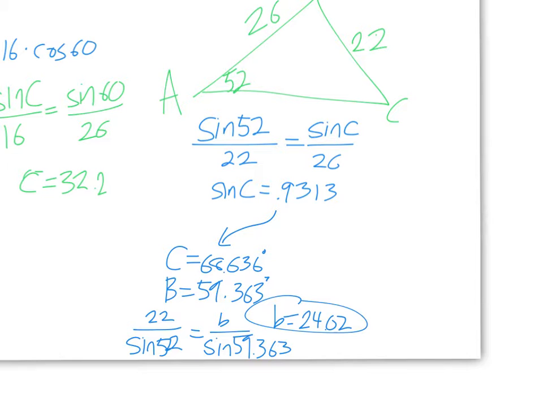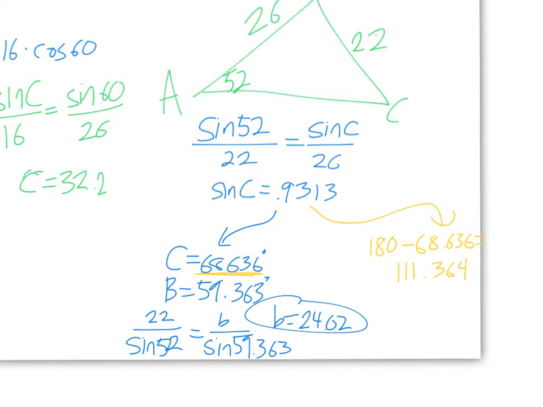That's one option. The other option is if instead of 68.636, C is equal to 180 minus 68.636. Which when we do that, 180 minus 68.636, we get 111.364.